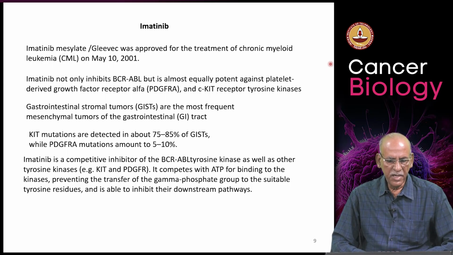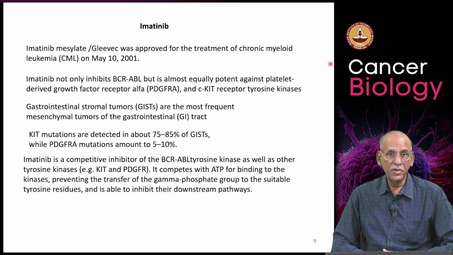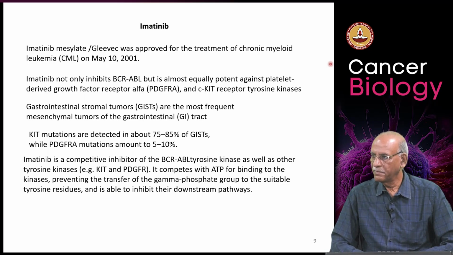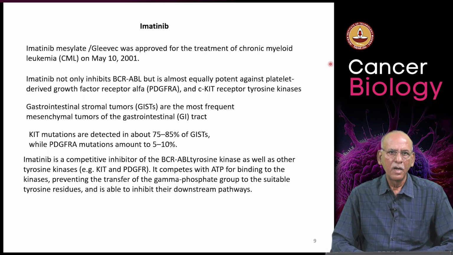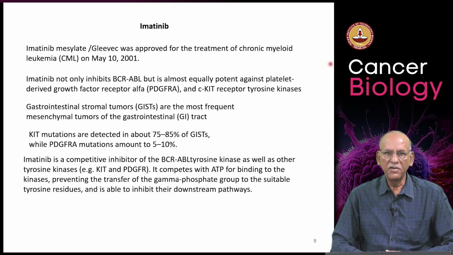Basically, imatinib not only inhibits BCR-ABL, it is almost equally potent against other tyrosine kinases like platelet derived growth factor receptor, PDGF receptor alpha, a particular one, and the c-KIT receptor tyrosine kinase.